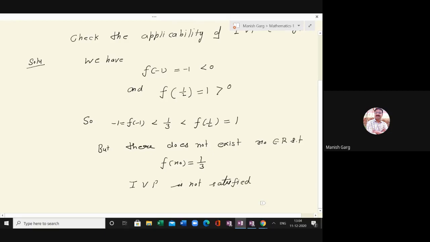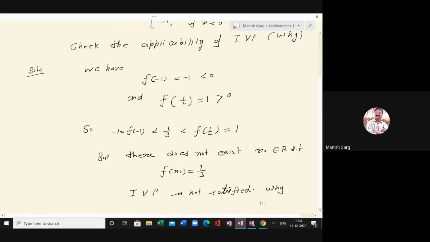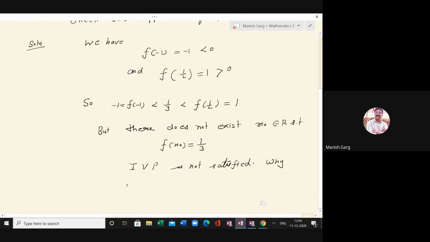Now the problem is, why is it not satisfied? There is one condition: f must be continuous. This function is not continuous. So be careful. If f is not continuous, then IVP fails.